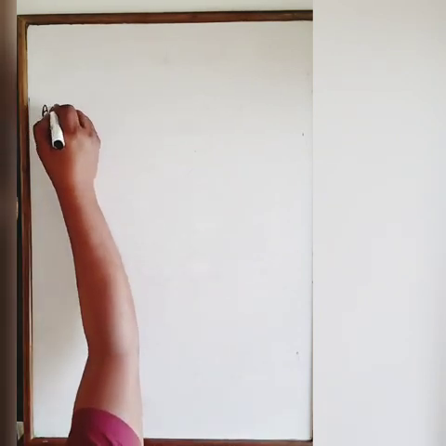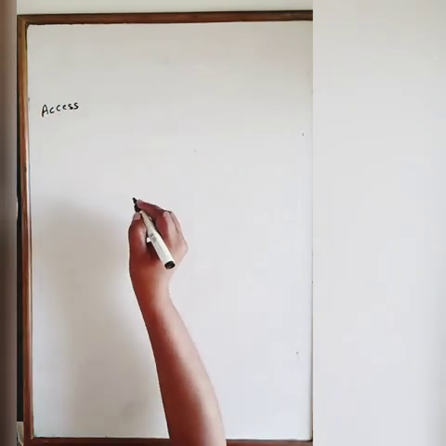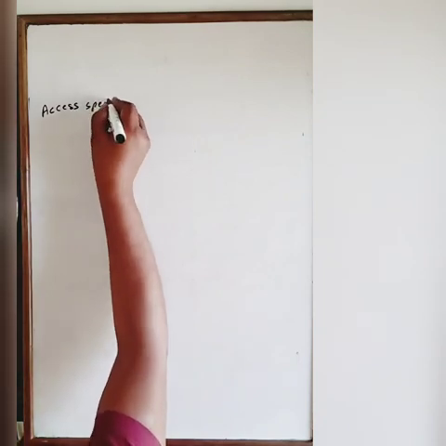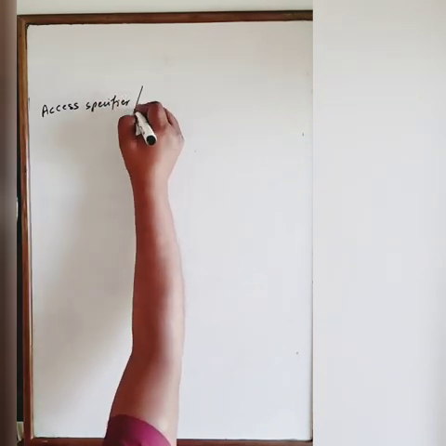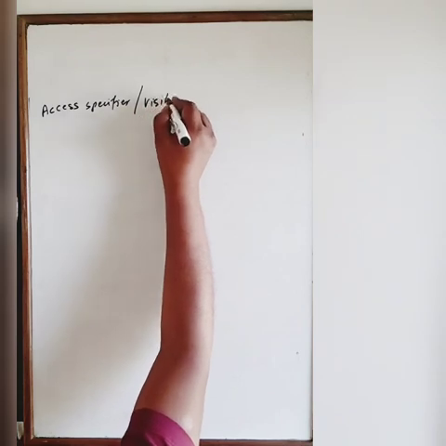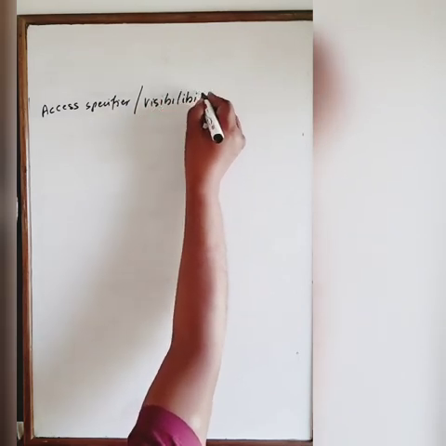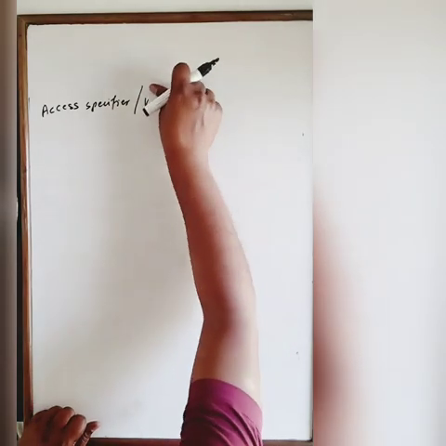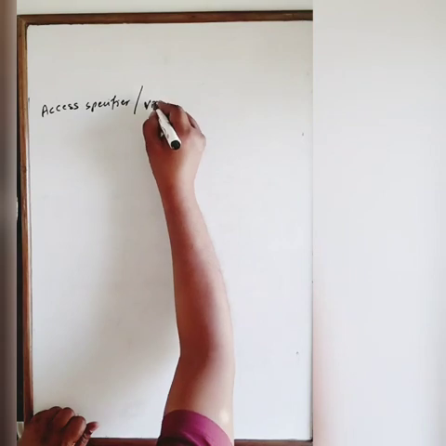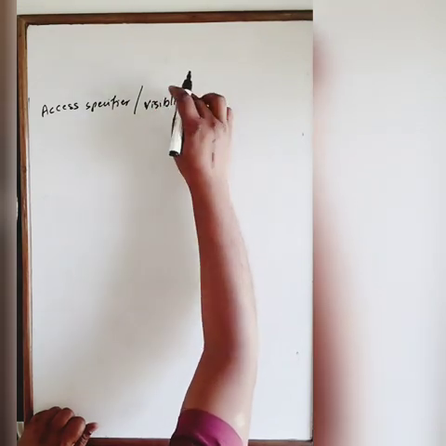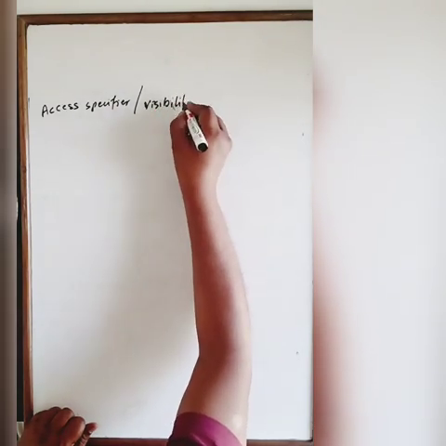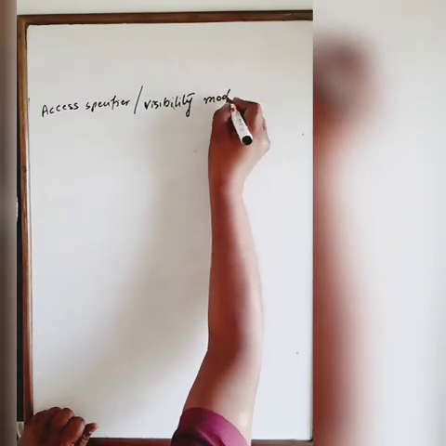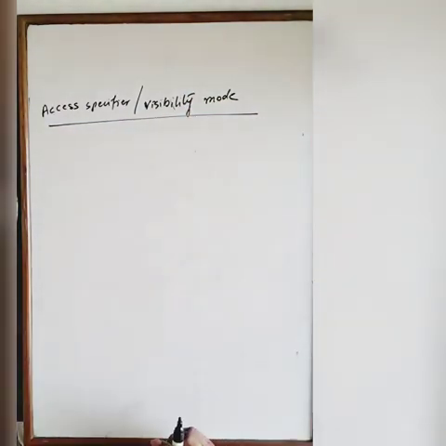Access specifier, this is also known as visibility mode. Now, what is an access specifier? What type of access do you provide to your members?